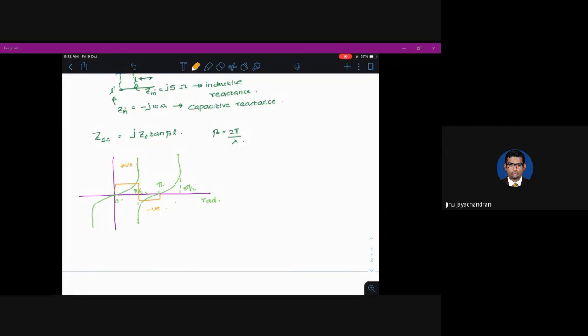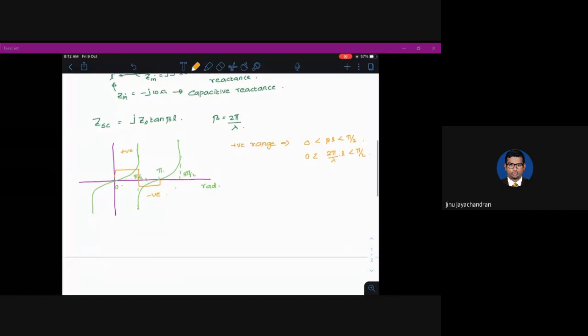For the positive range, your value of beta L should be less than pi by 2. The beta value is 2 pi by lambda into L, which is less than pi by 2. So what should be the value of L?